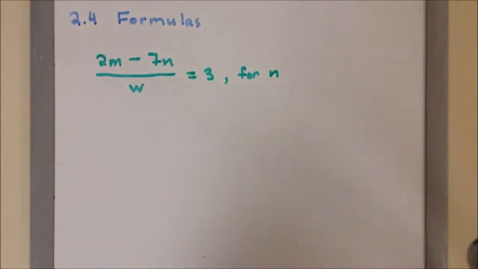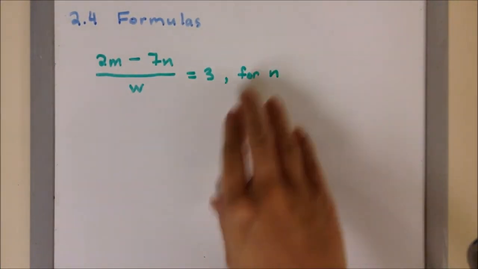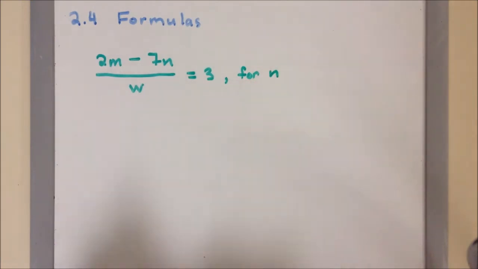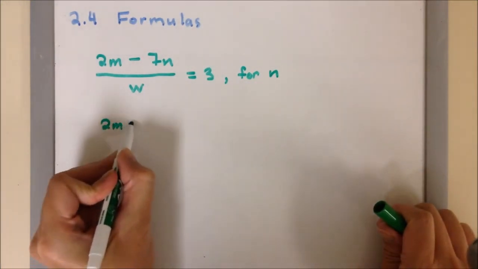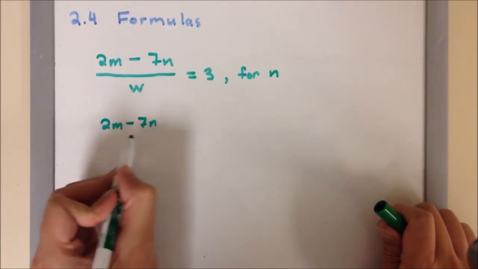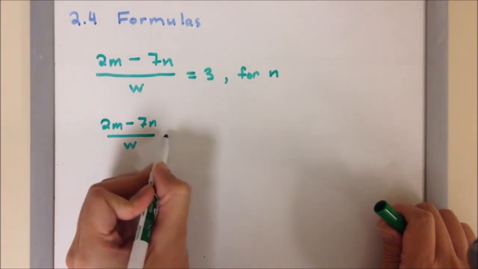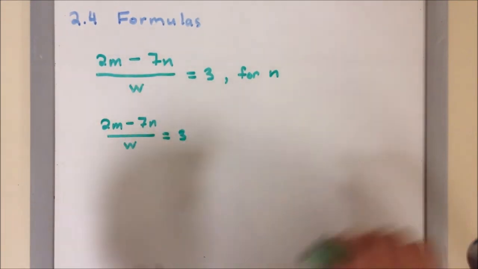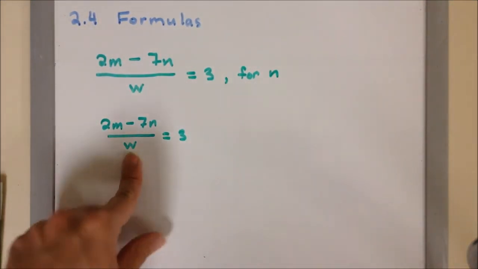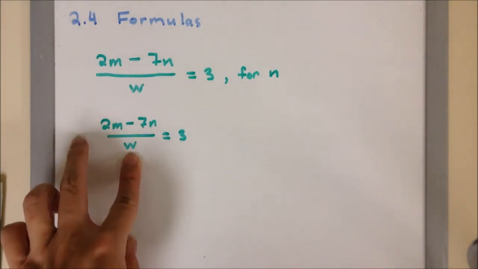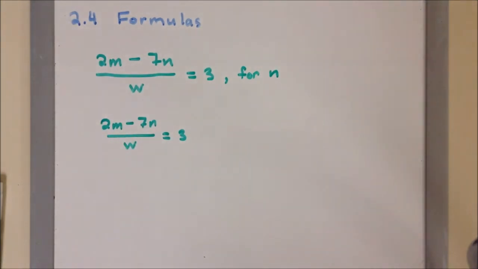In this next part, we're using the same example, but now it's asking us to solve for n. Alright? I'm going to rewrite it here. So in there, again, I need to get rid of fractions, so that means I need to remove the denominator.